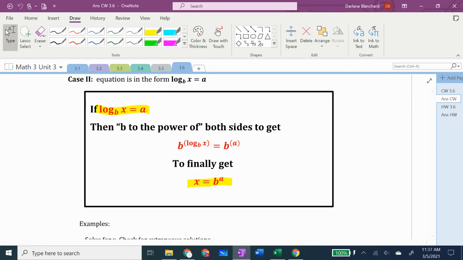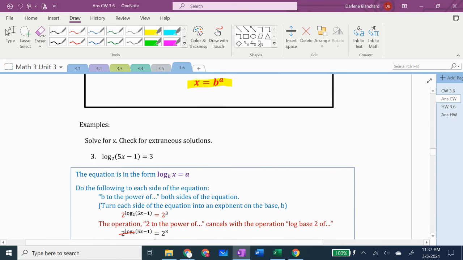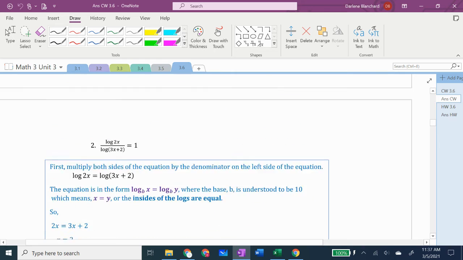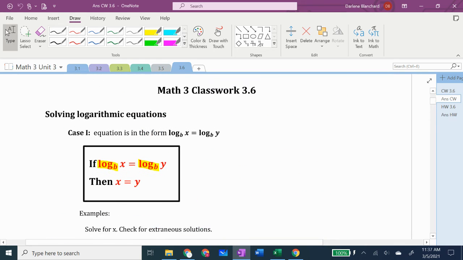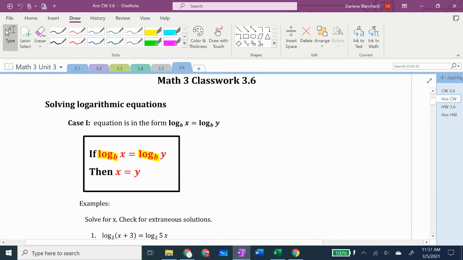Here we go. If you have a condensed logarithm, log base b of something, equals another condensed logarithm with the same base, then their insides must be equal, but they have to be condensed logarithms.